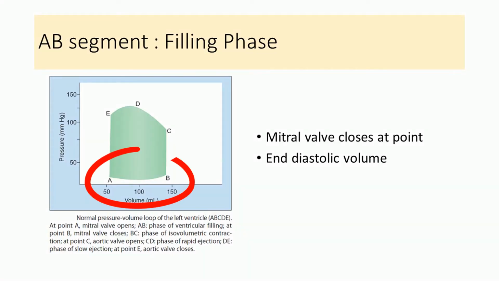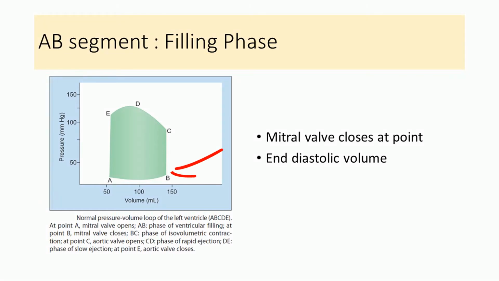First, look at the segment AB. The segment AB starts from point A. This point A is the opening of the mitral valve, and because of the opening of the mitral valve, blood flows from the atria into the ventricles. So it leads to filling of the ventricles.